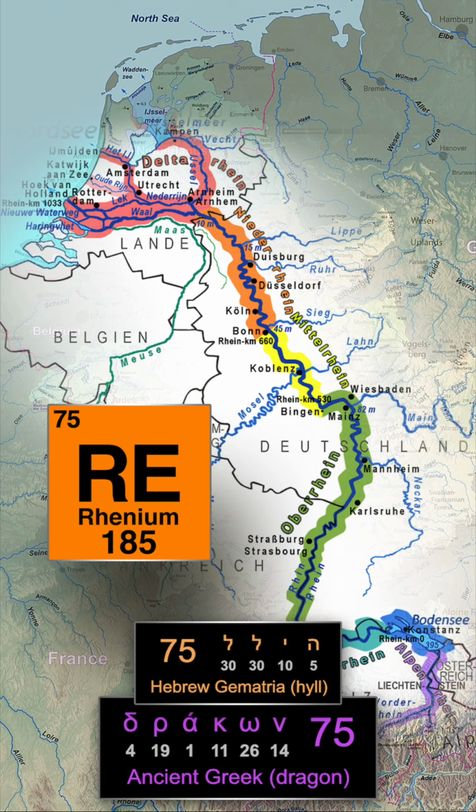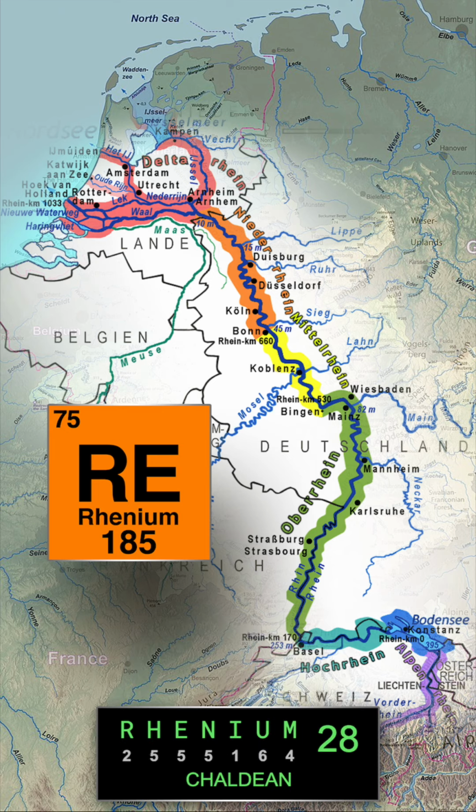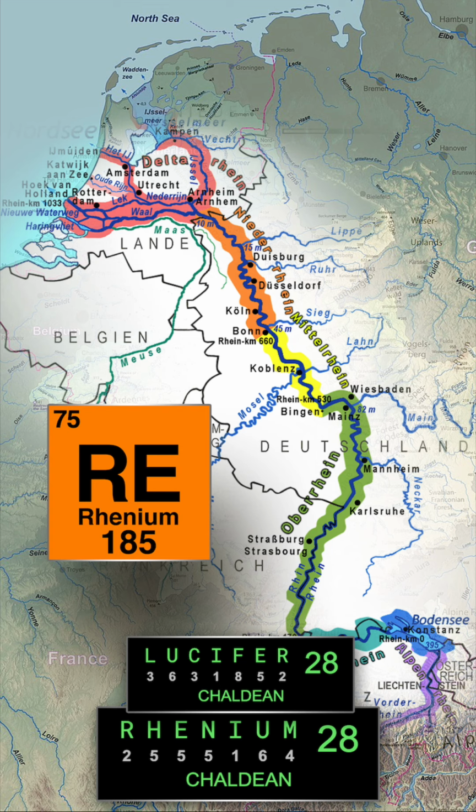But wait, there's more. Of course. Let's continue. When you do the numerology of rhenium, the element's name, it gives you the number 28, which is just insanely crazy, because so is Lucifer. Like a wow factor here, folks. 28, 28.